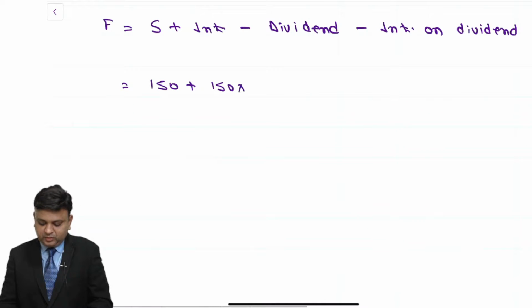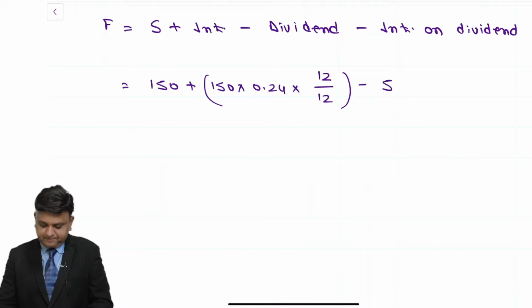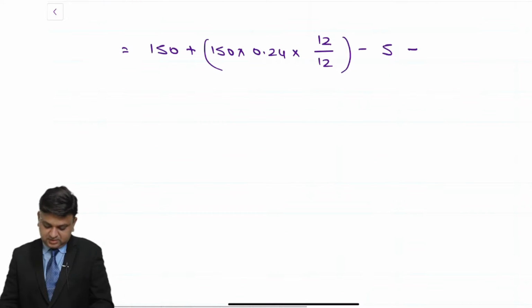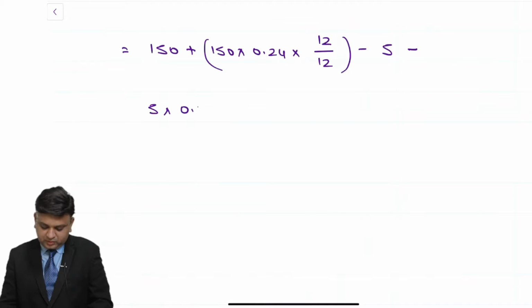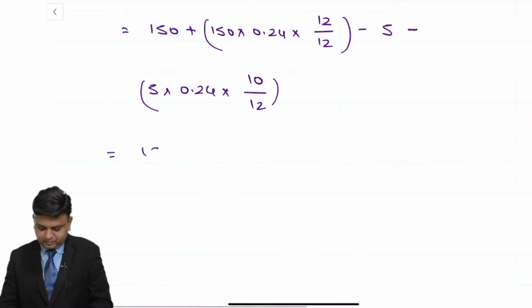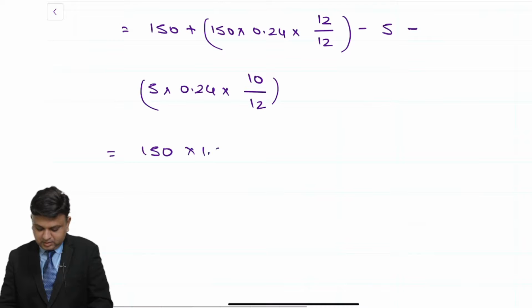Plus 150 into 24% into 12 divided by 12, minus 5, minus 5 into 24% into 10 divided by 12. So it is 150 into 1.24 minus 5 into 1.20.